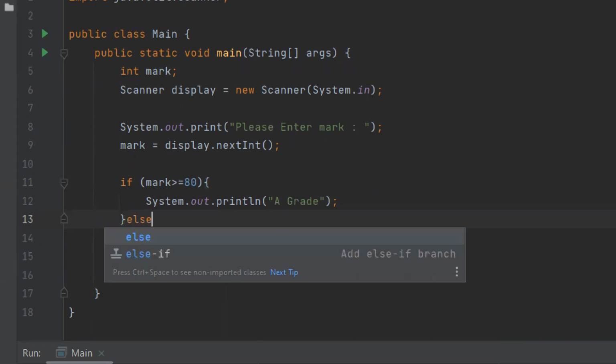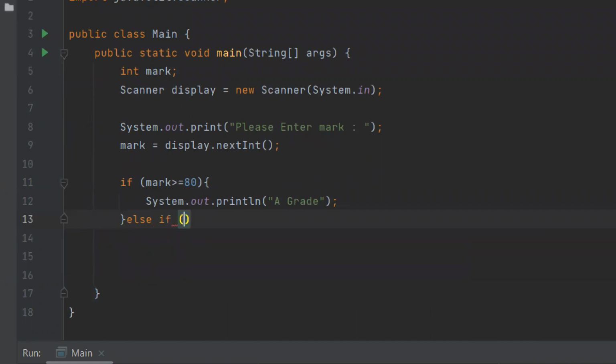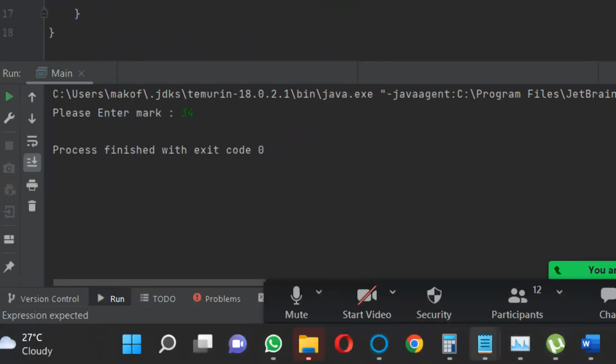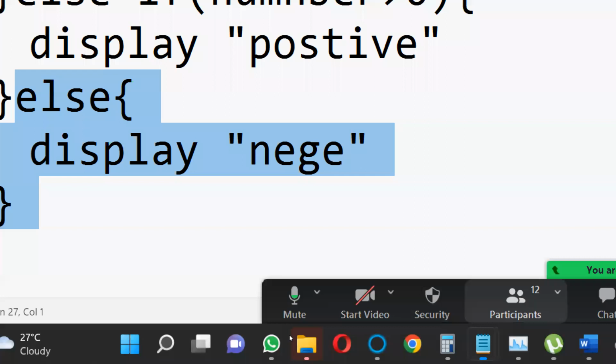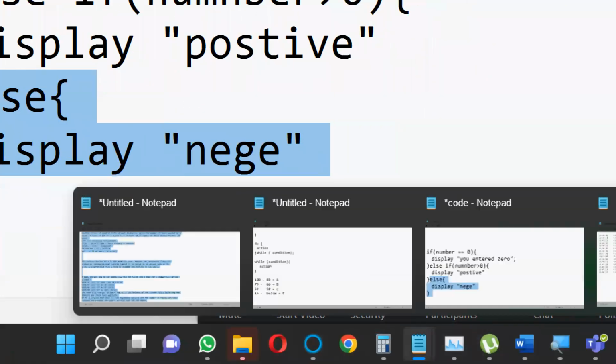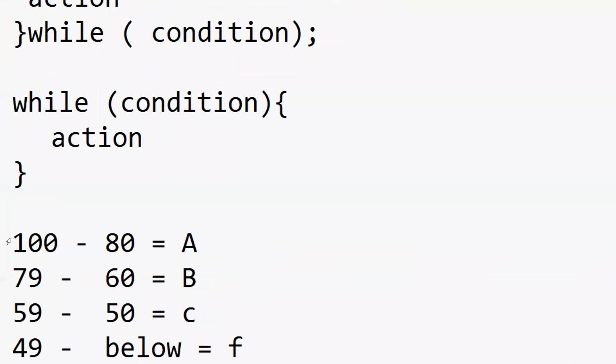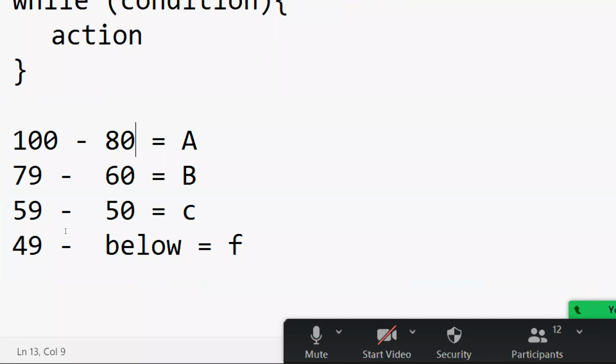So here I have else if the mark the individual has is greater than or equal to... Now, going back here, we said that the first statement I made, that is here, was 80 and above.